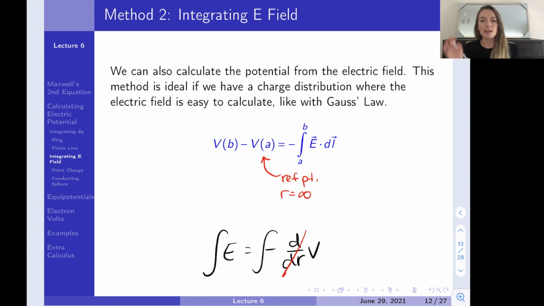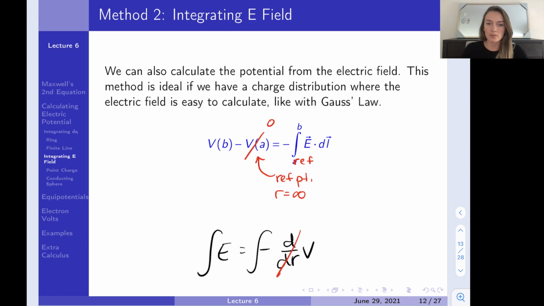But 99% of the time, your reference point will be infinity, and that's where you're going to take your potential to be 0. So the potential at some location is just the negative integral from our reference point to the point where we're measuring the potential.